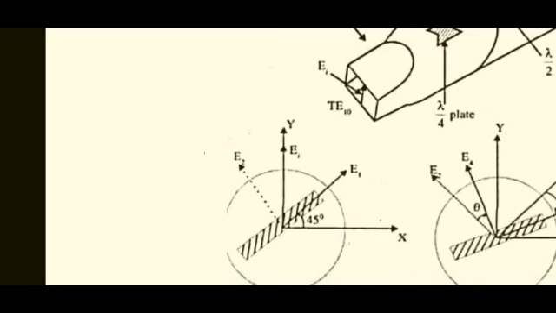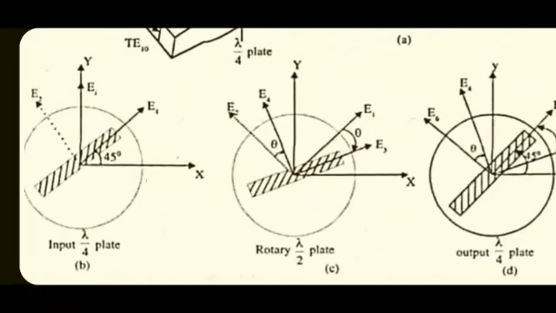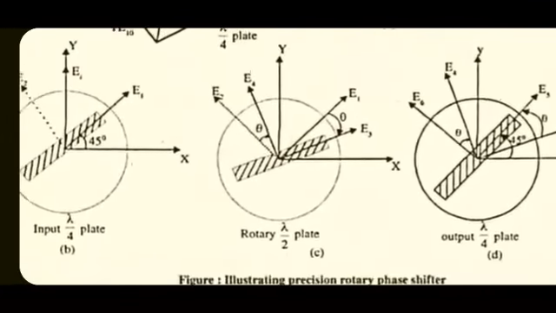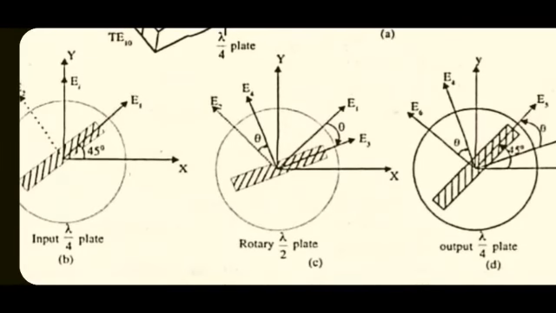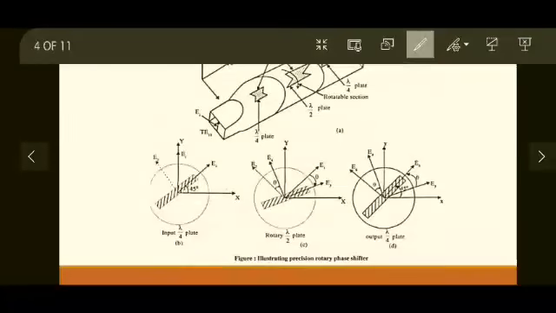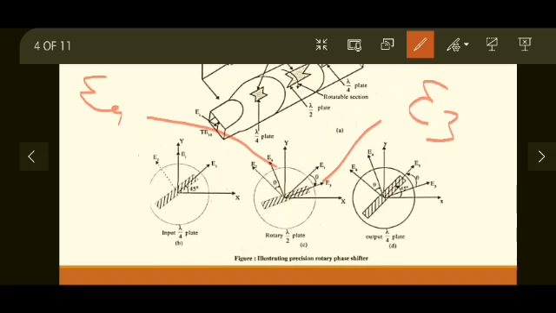Okay, once they enter the rotary plate, that is diagram C, you can see that this is further resolved into two parts, E3 and E4. So what is E3 and E4? This is E3, again parallel to the plate, and E4 is this one, perpendicular to E3.